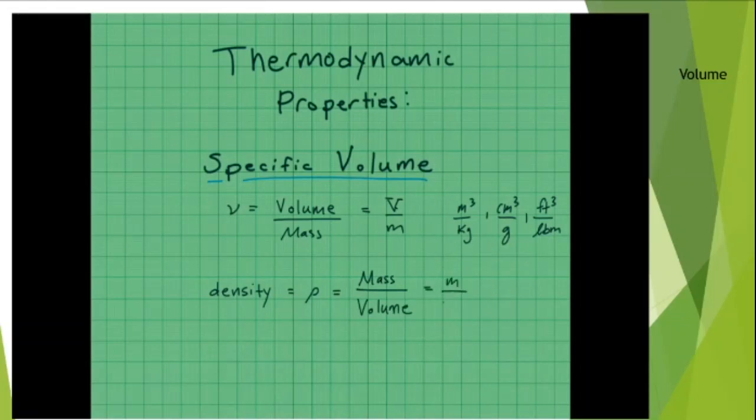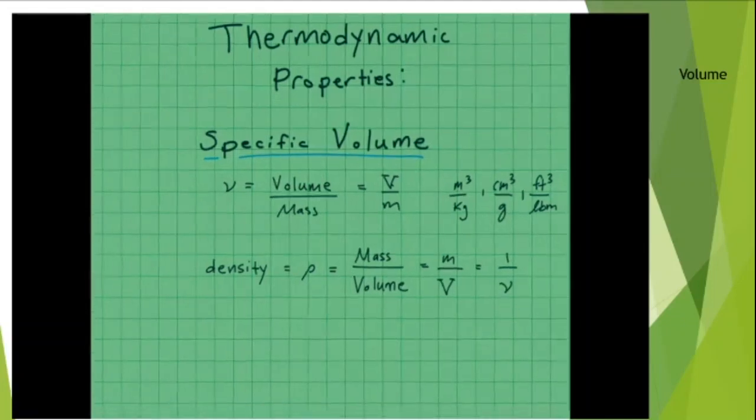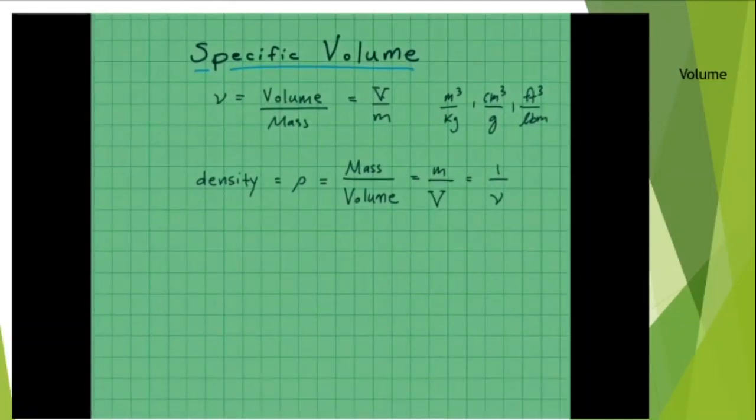So it's M over V, or 1 over specific volume. So in thermodynamics, something else to keep in mind is that this term specific is sometimes used to mean per unit mass.